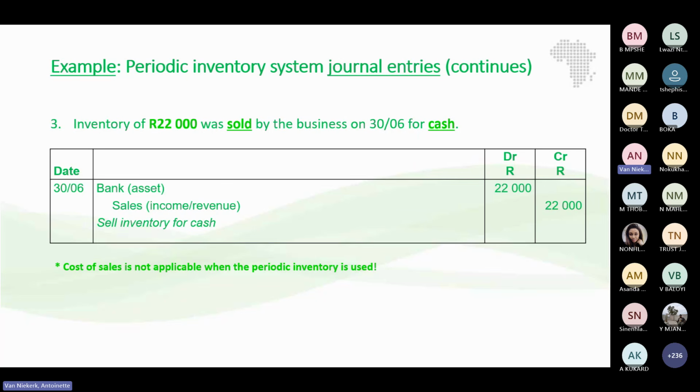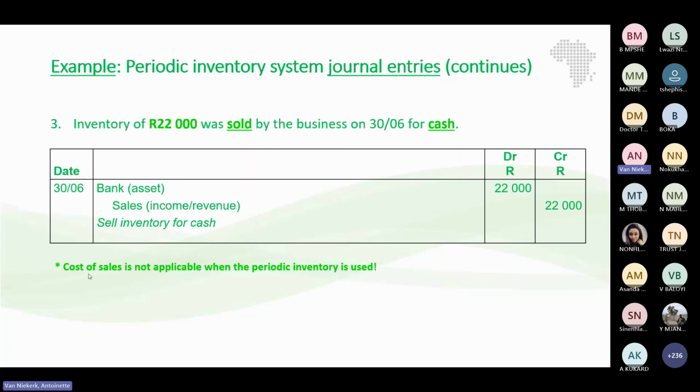That's also a very good question or statement to make. Remember, we are looking now just at the individual accounts, like sales and bank and so forth. But under equity, sales will also increase. That's 100% correct. Then we just say sell inventory for cash.